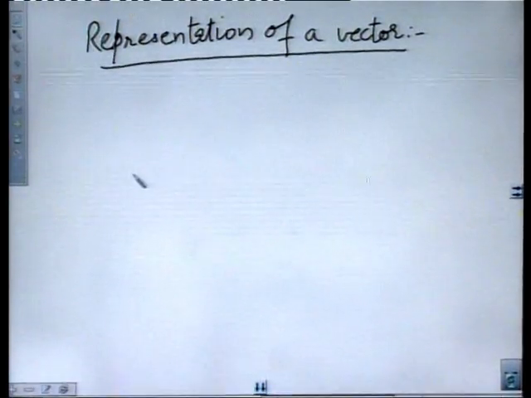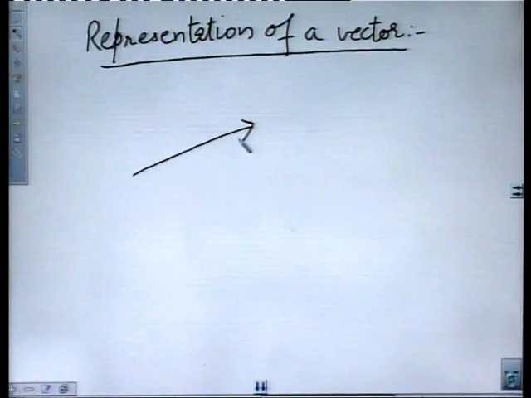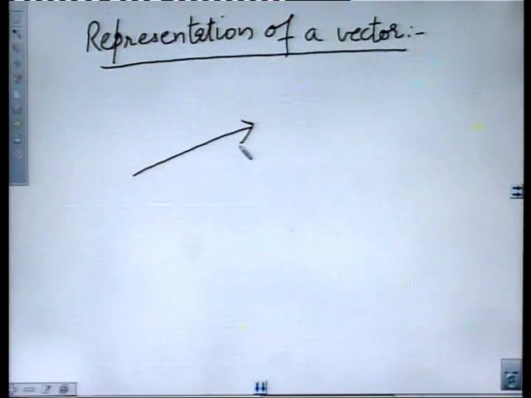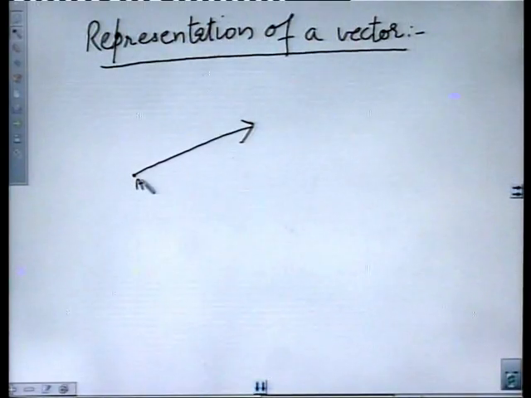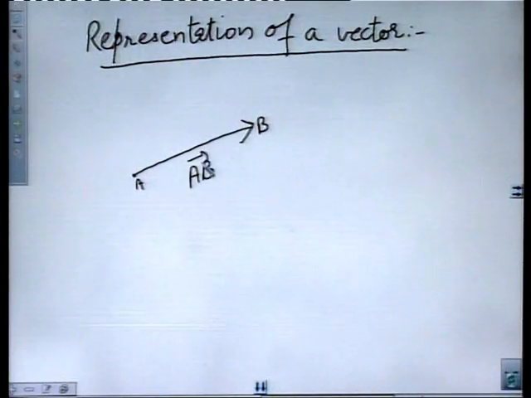Remember, any vector can be represented by a line. This is the line and an arrowhead. The length of this line gives the magnitude of the vector and arrowhead gives the direction. This is the initial point A and this is the end point or final point B. So this vector can be written as AB vector.